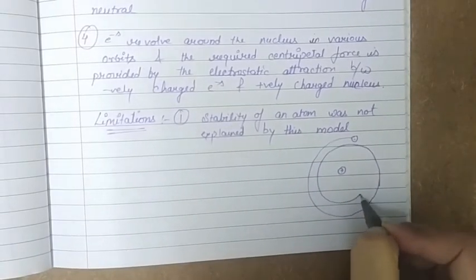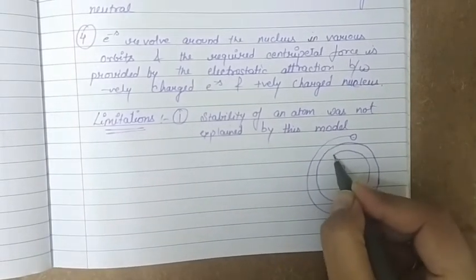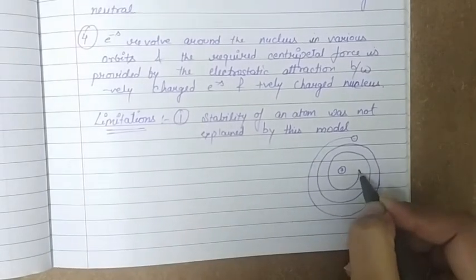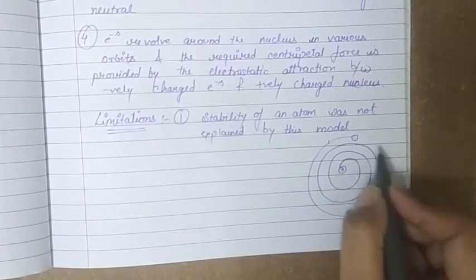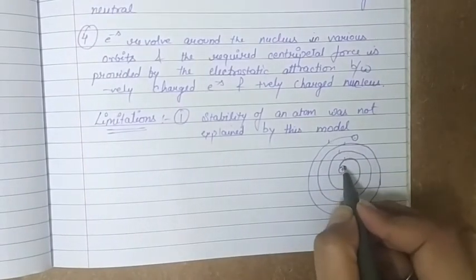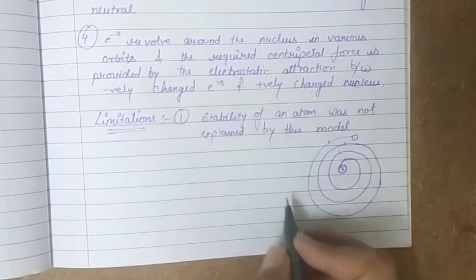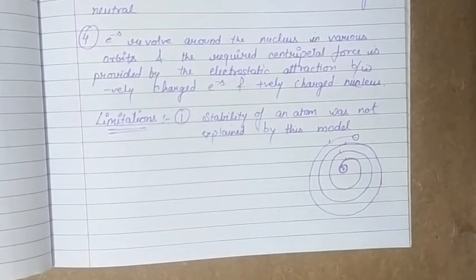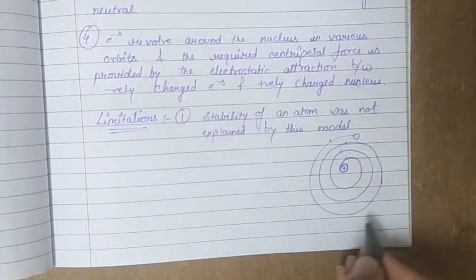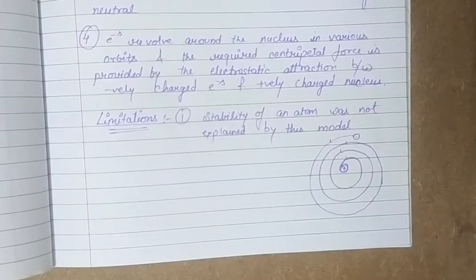It starts moving in orbits of lesser radii, and after covering this spiral path it will collapse into the nucleus. If so, the atom should not be stable, but the atom is a stable structure. So the stability of the atom cannot be explained by this process. That's why this is the first limitation of Rutherford's model.